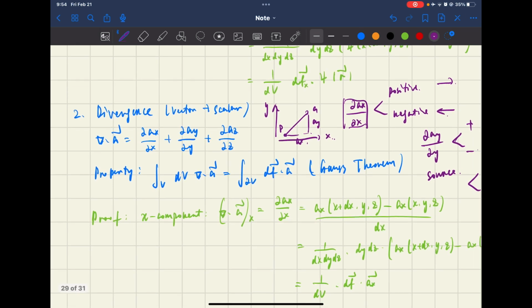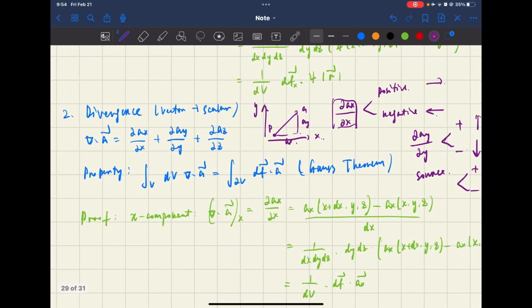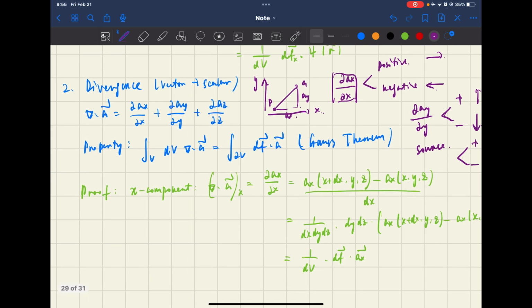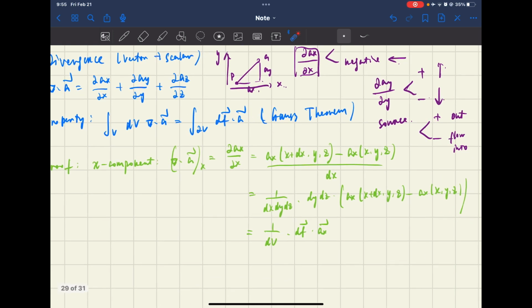Now we move on to its property. It's very important. It's called Gauss theorem, and it's very useful in electromagnetics. Similar to the last one, it also lowers the dimension of the integration, from three-dimensional to two-dimensional: this part is the surface area and this part is the volume. To prove it, we make the same substitution.